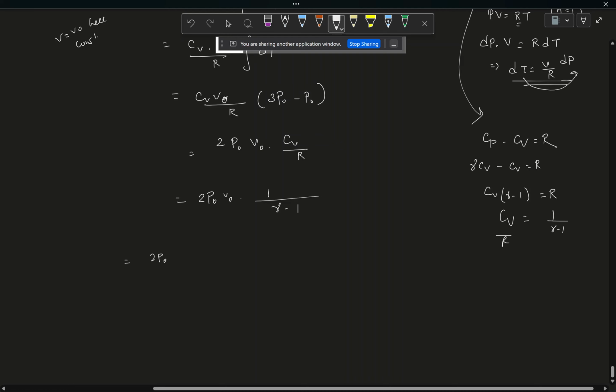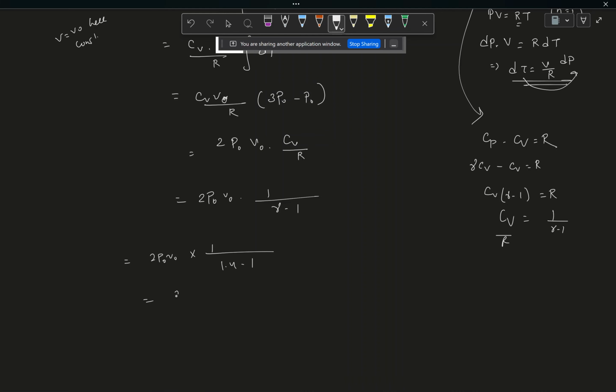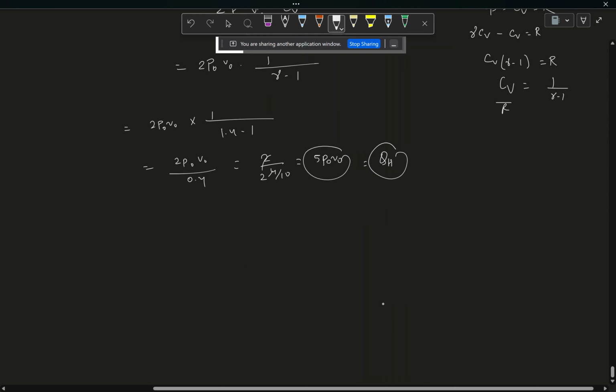So you get 2 P0 V0 into 1 by 1.4 minus 1 equal to 2 P0 V0 by 0.4. So from here you get 2 by 0.4 is 5. So this is 5 P0 V0 that you are getting as your heat being absorbed in this cyclic process.